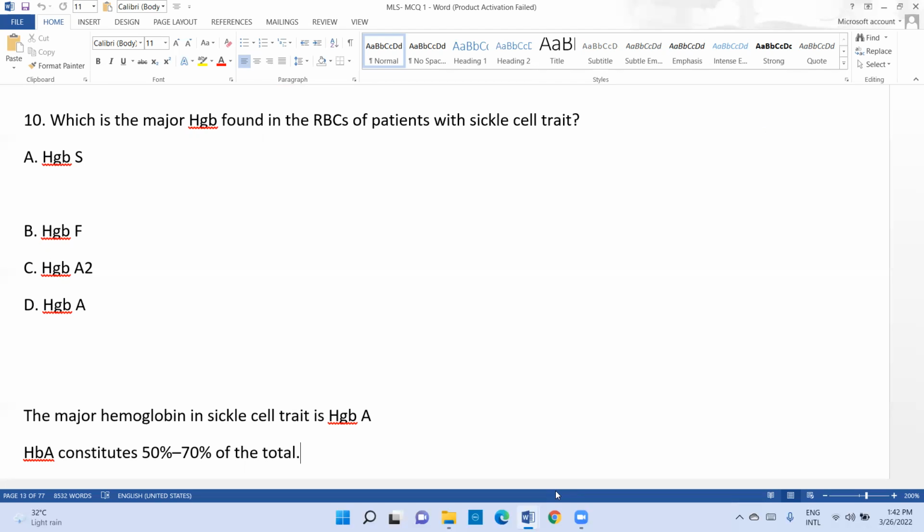If there is an abnormal placement of the amino acid in the beta globin chain, at position number 5, instead of glycine, valine is introduced there in sickle cell disease.